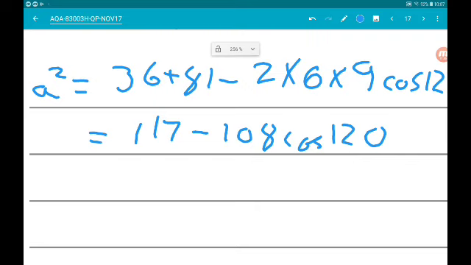So that's going to give us a squared is, bear with me, 171.